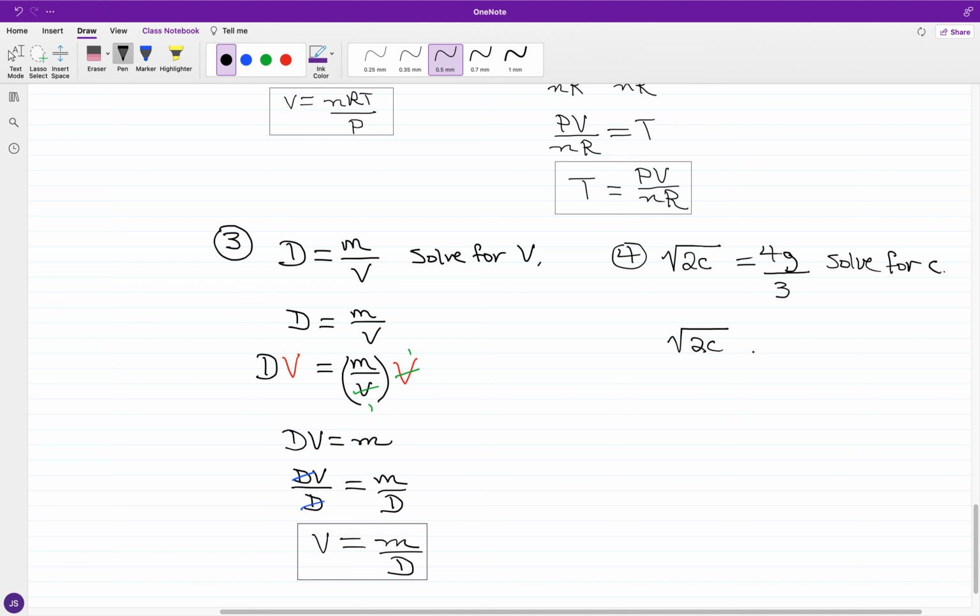So right now we have the square root of 2c is equal to 4g over 3.